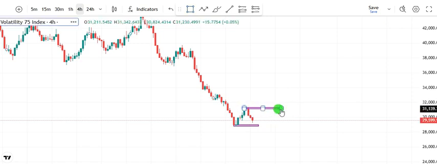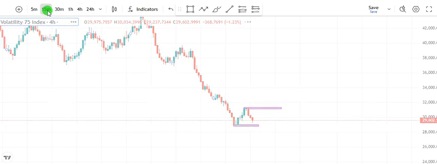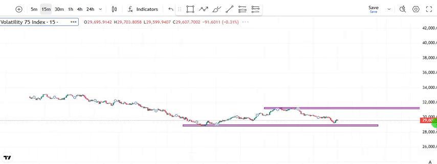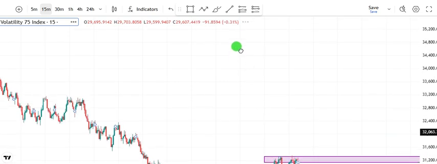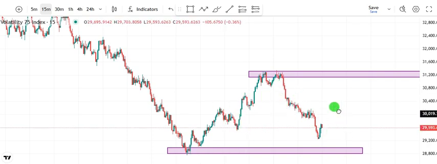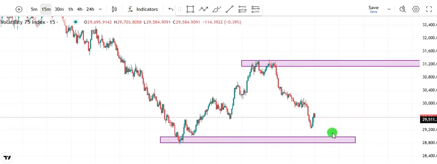And these are the zones where it's actually respecting. So going to the 15 minutes chart. Okay. Now you can see it's already moving, breaking structures, breaking this previous level, and breaking below this still. So that means we are likely to continue in this zone.